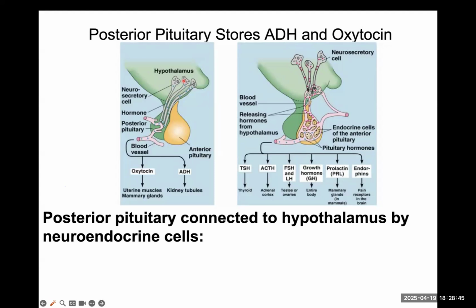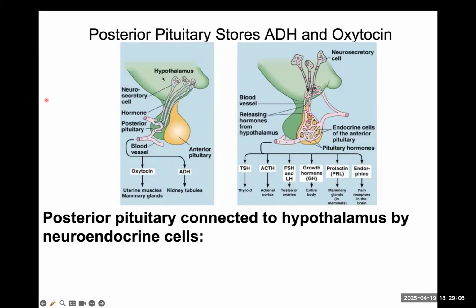The hypothalamus itself produces two hormones, and those two hormones are oxytocin and ADH. They are made in the hypothalamus, and then they migrate down.